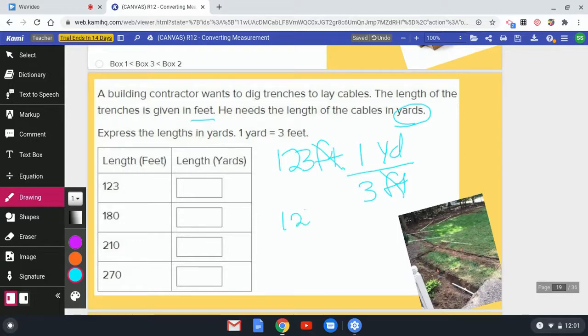I'm going to do 123 divided by 3 to give me my yards. So use my calculator. 41. Now I could do the same thing. Put 180 here, then put 210 here, or I divided this one by 3 to get that. So why not just do the same for all of them? Go ahead and pause and use your calculator.